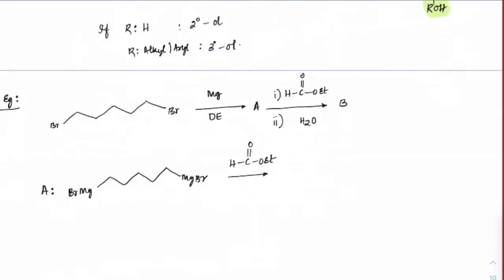So without mechanism I am writing it here, check it out, HC double bond O, and this entire group is added. I am writing with numbers also 1 2 3 4 5. So we can have addition here with fifth carbon and MgBr.